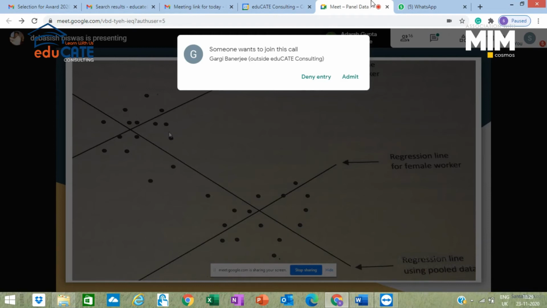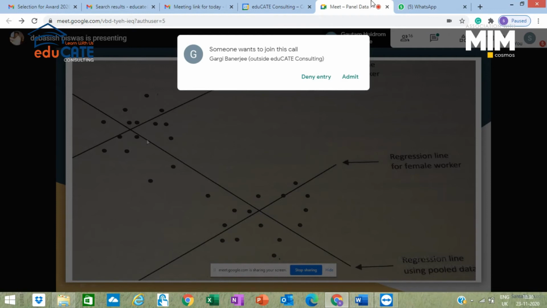So how can this regression line be drawn? If some points are here, some points are here, and some points are here, then for covering all these coordinates, obviously the line will pass in this way.